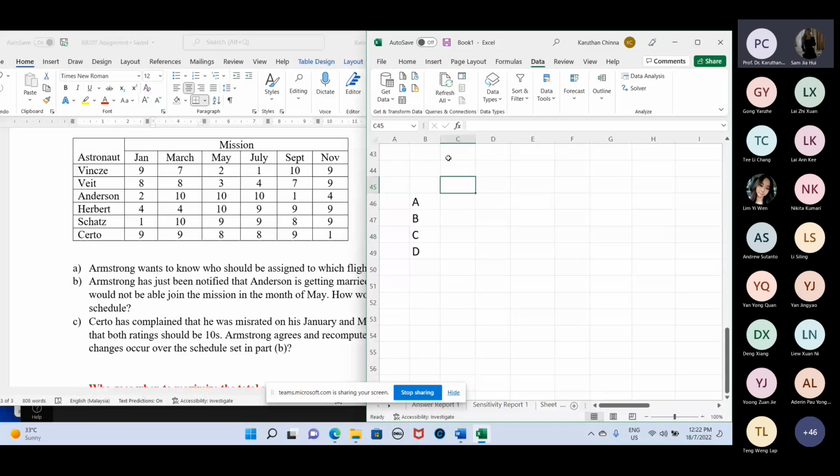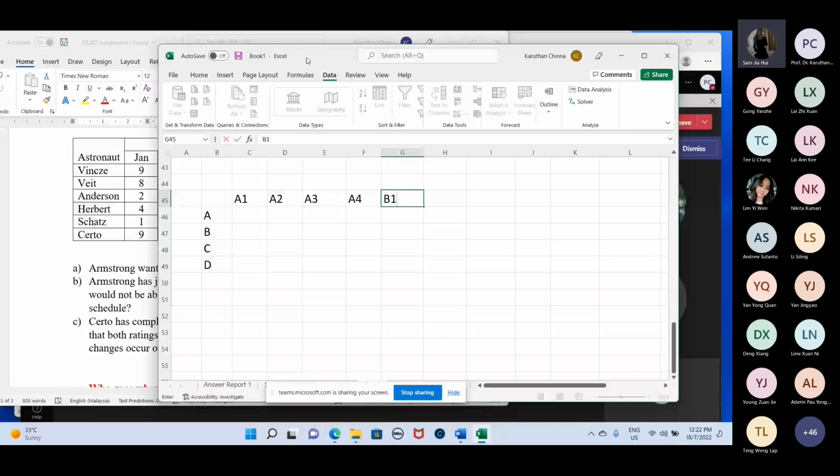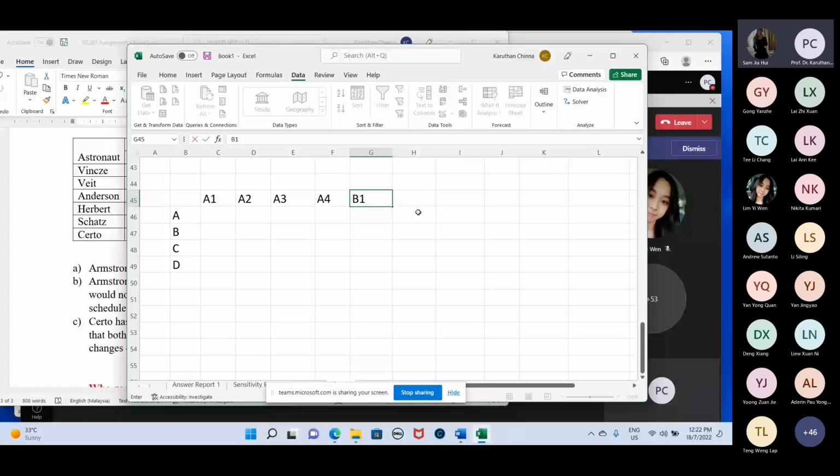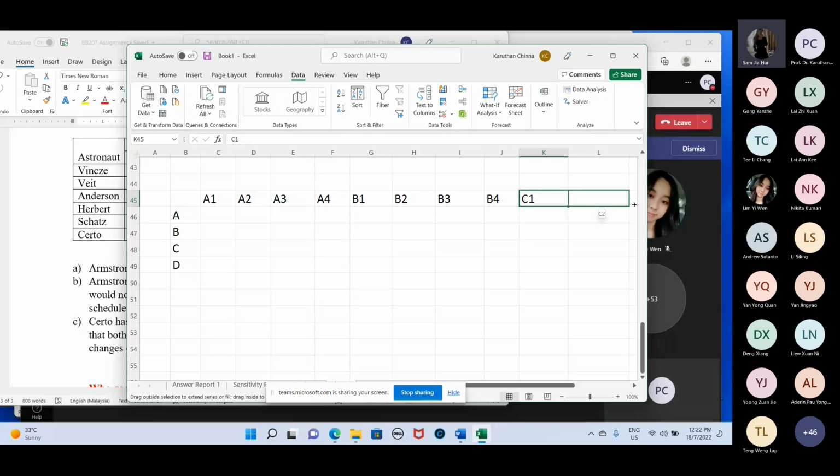A goes to 1, A goes to 2, A goes to 4. And then B goes to 1, 2, 3, 4. And C goes to 1, 2, 3, 4.